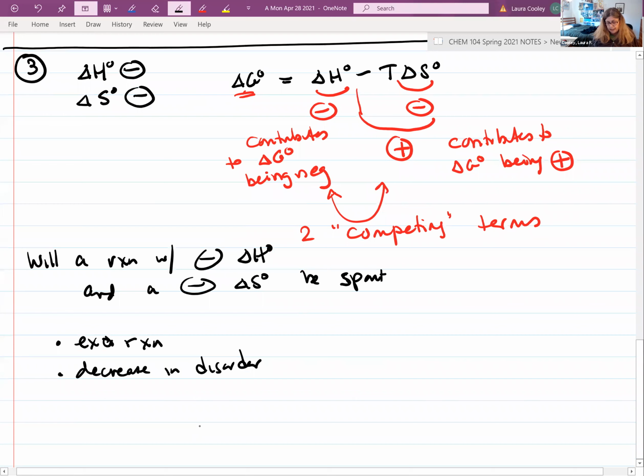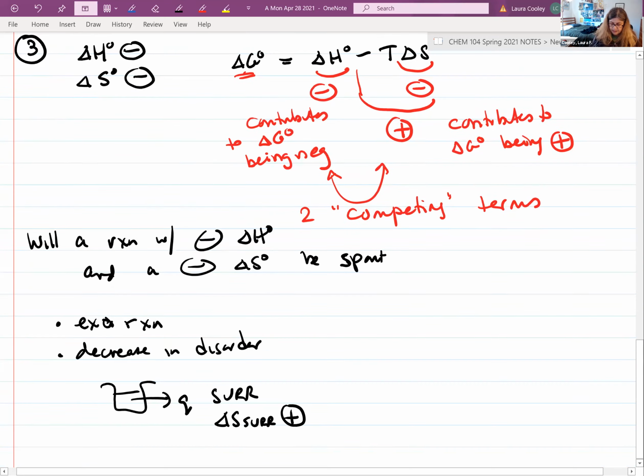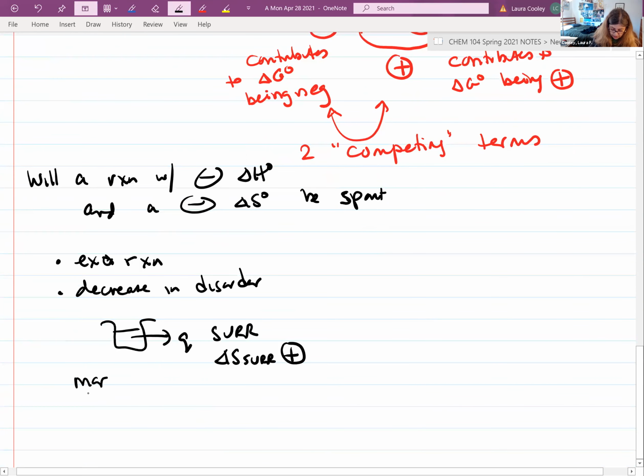The release of heat, the Q going into the surroundings, means that delta S surroundings is positive. However, there is more order in the system, so delta S is negative. So the sum, which is delta S total, I don't know what it is.